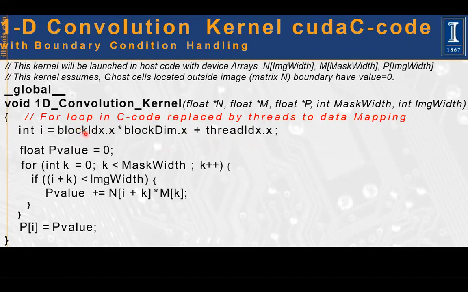Okay, now the inner for loop. This was the inner for loop. I could carry out this inner for loop also in parallel by mapping another set of threads to do this job also in parallel. In this example, our major challenge was this outer for loop and we want to keep our code simple, and because the inner for loop was not very heavy because of the mask width, its size was only 5 or 3 or that kind of thing, while the outer for loop was very big.